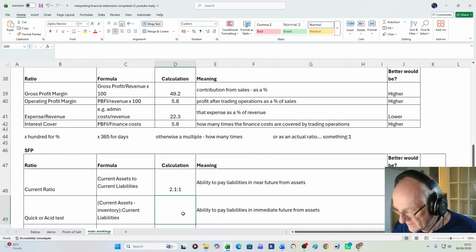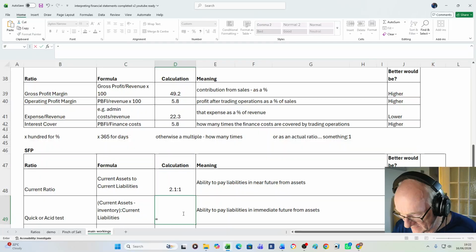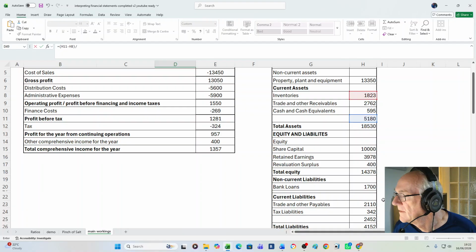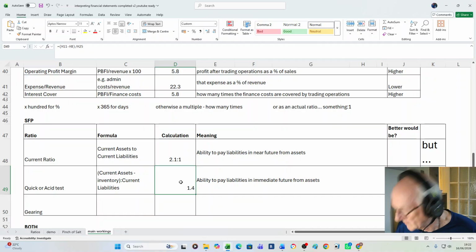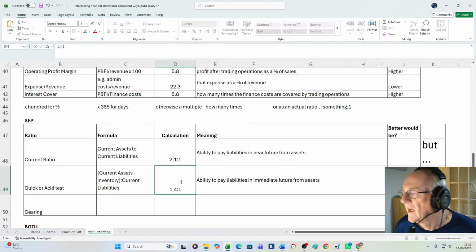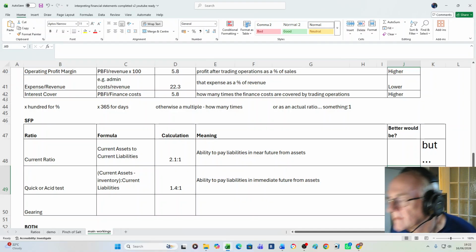And this one is going to be current assets minus inventory, divided by current liabilities. So that will be 1.421. Quite common, one decimal place, no point being much more accurate than that.